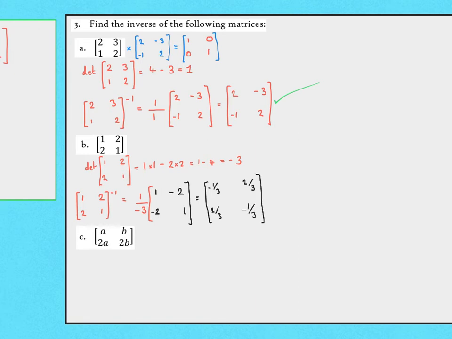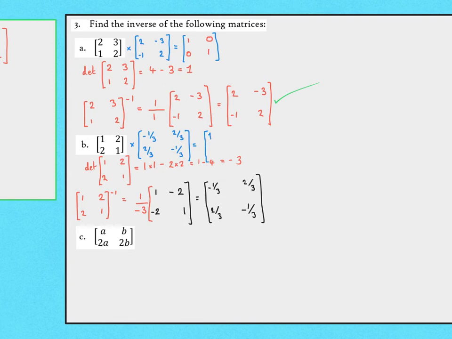We can check this again by multiplying our original matrix by what we think is our inverse, and we should get the identity matrix out. So top left we have 1 times minus a third plus 2 times 2/3, so that's going to be equal to minus 1/3 plus 4/3, which is just 1.